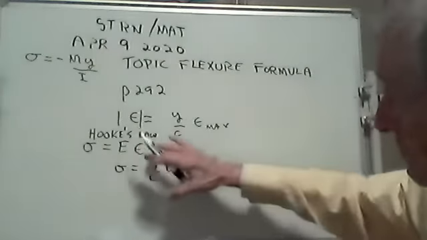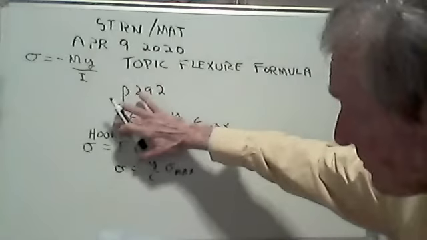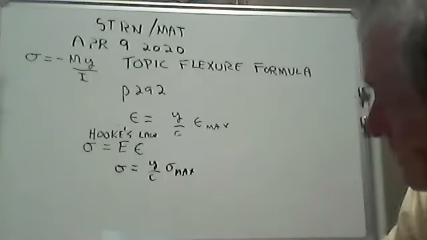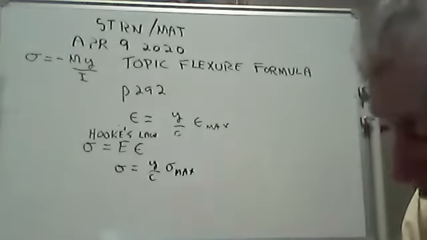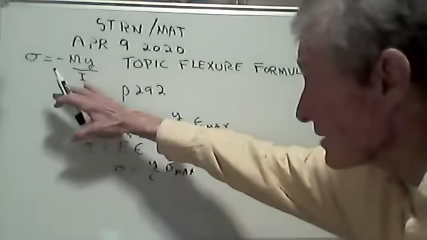And so you could go from here, we're just looking at the absolute value there, to here, because it's sort of a one-on-one correspondence there, and you have this lovely equation here. And with that equation, I'm halfway done to the flexure formula.